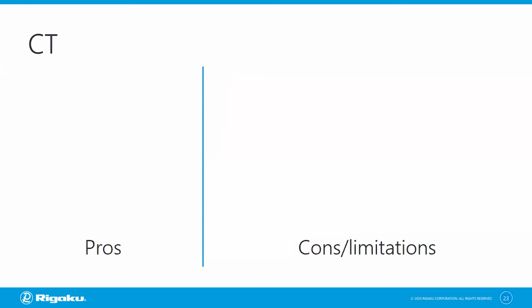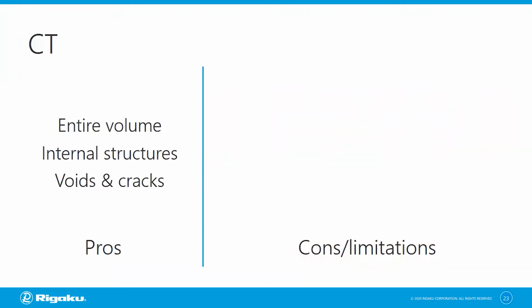Now, let's talk about the CT, today's topic. The biggest advantage of the X-ray CT technique is that you can scan the entire volume. Not just the surface, not just selected points, you can scan the entire volume. And this means that you can measure internal structures, including voids and cracks.